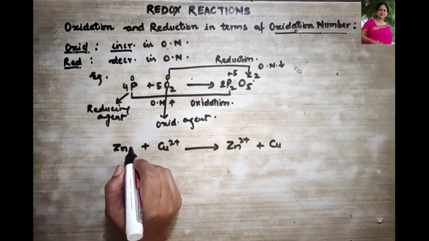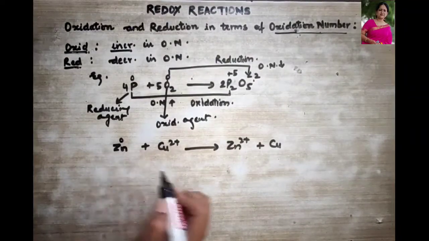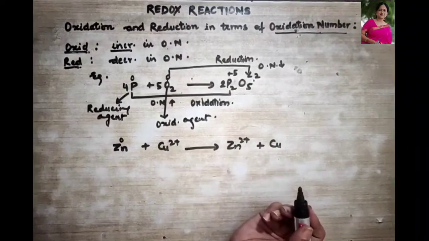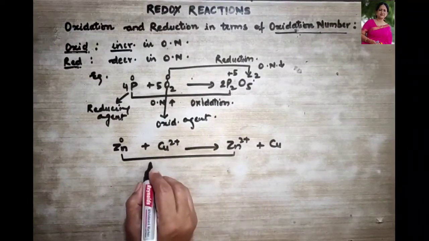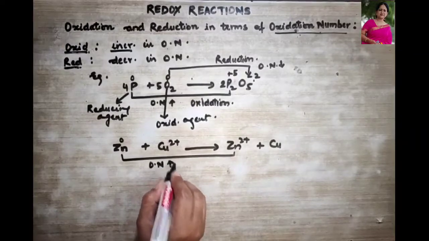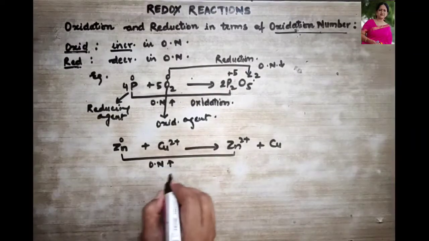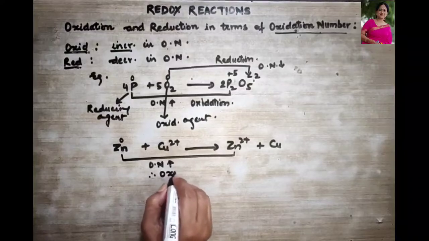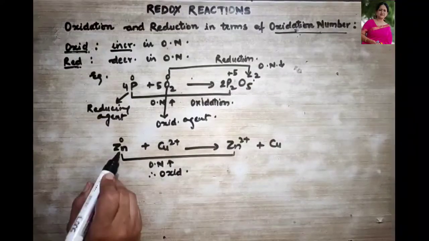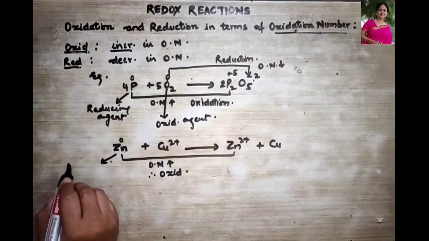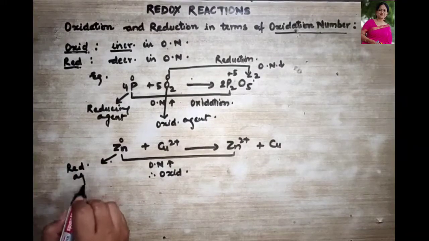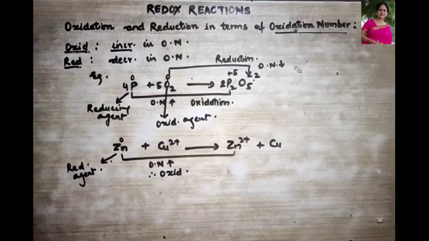So let's see over here, this is 0 and this is plus 2. So what is happening here? The oxidation number is increasing. So if oxidation number is increasing, therefore oxidation is taking place. Since oxidation is taking place, this is also your good reducing agent. I hope this point is clear.